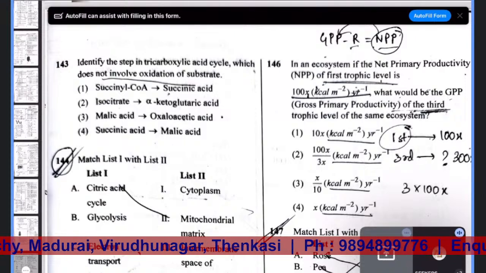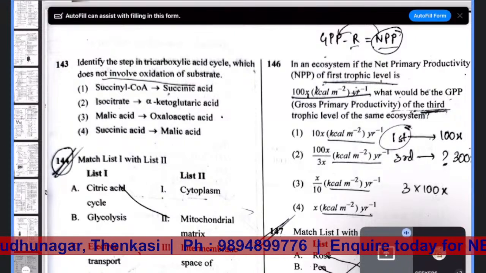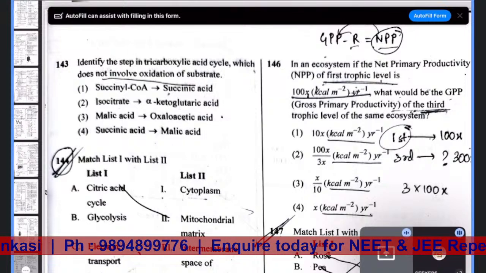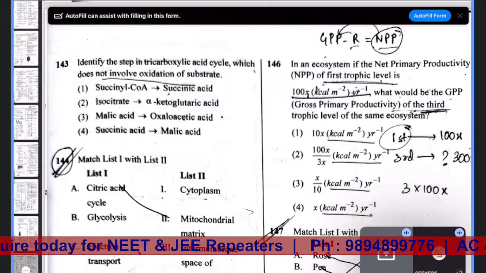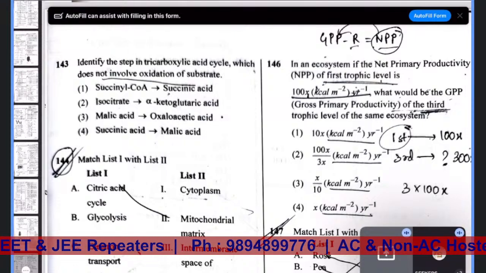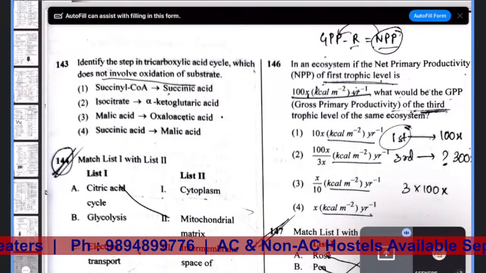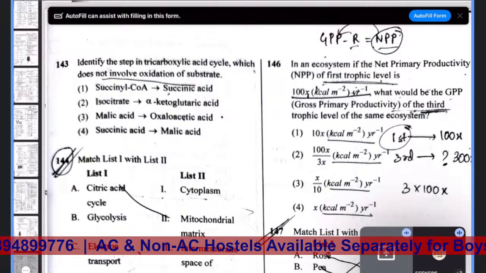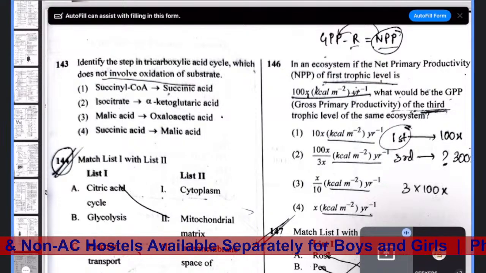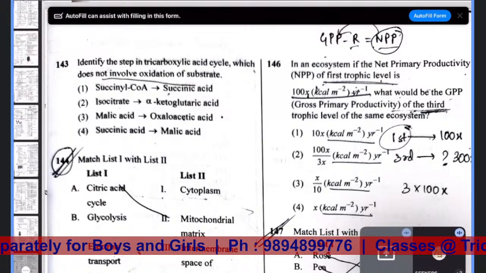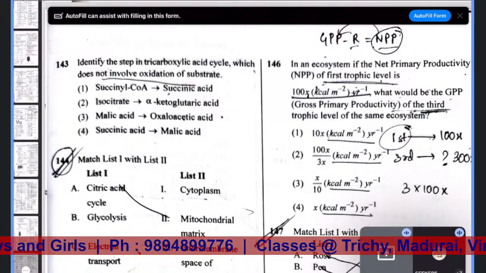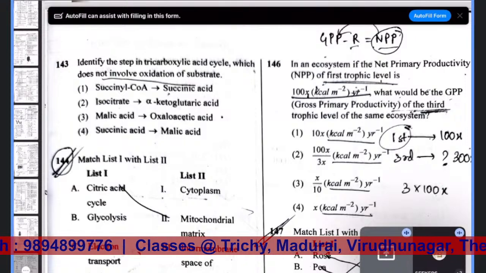So option 4 is also eliminated, where oxidation will occur. Then the fourth time where oxidation occurs is malic acid to oxaloacetic acid. It is given in option 3. So in option 2, option 3, option 4, in all these 3 steps, oxidation occurs. It is option 1 where oxidation of the substrate will not occur, that is succinyl-CoA to succinic acid. For question number 143, option 1 is the right answer.